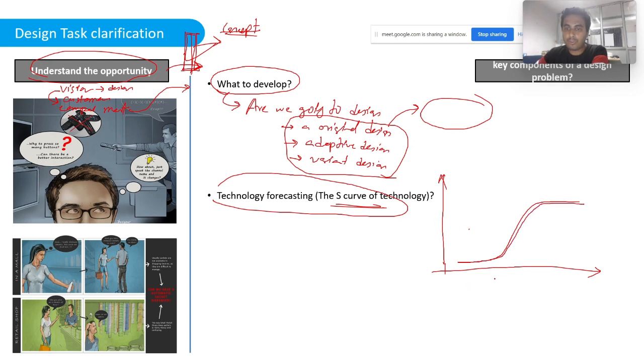The horizontal axis is time, and this is a particular technology. For example, in this particular case, consider this product, where the vision is a transition from a button based interface to a voice based interface.